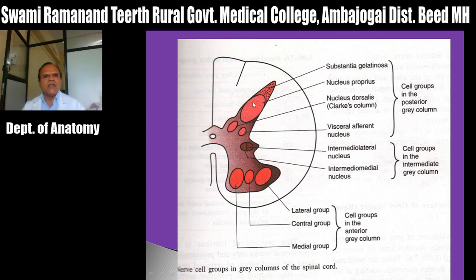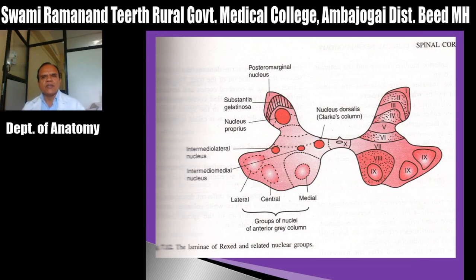So this is the internal aspect of the gray matter. By just observing and reading, you will understand. Now see, this is another picture. Can you see? Here it is shown: the post-marginal nucleus, the substantia gelatinosa, the nucleus proprius, and here is the column, Clark's column.